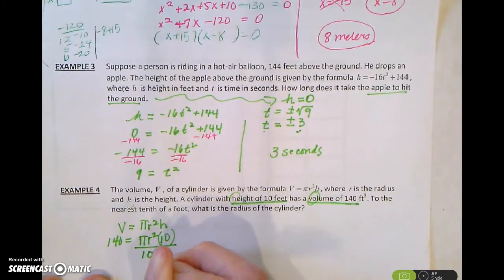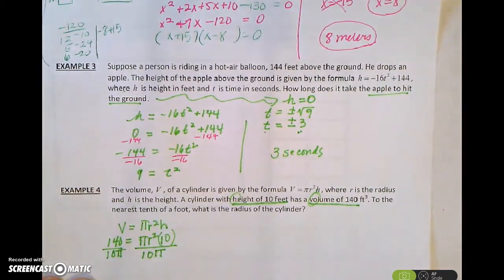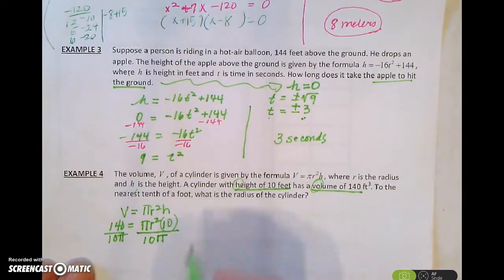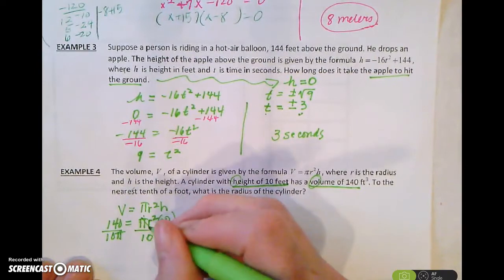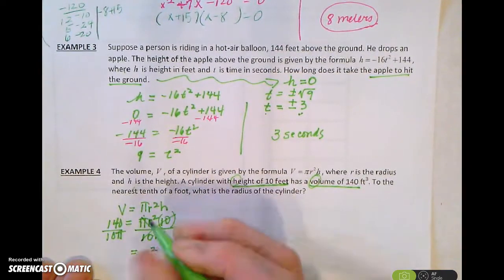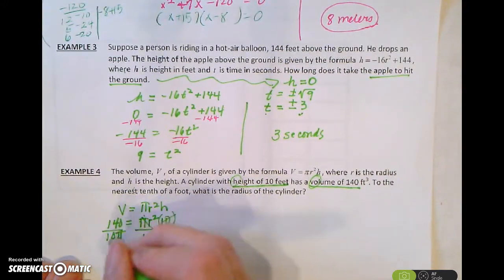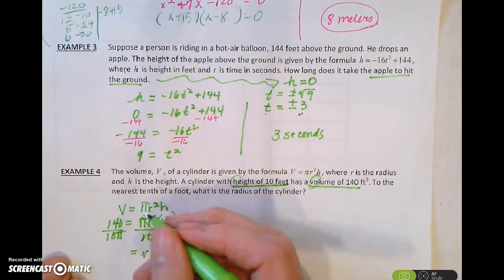So I am going to divide by pi and 10. I'm going to put the 10 in the front, 10 pi on both sides. And then over here, the pi's are going to cancel, the 10's are going to cancel, and I'm left with r squared. I guess I could actually cancel the zeros, but we don't need to because we're going to use a calculator.